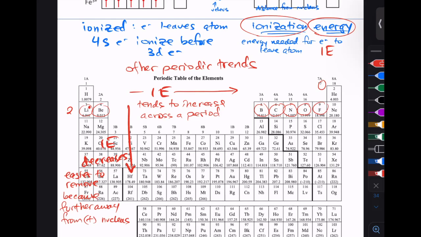There's another trend that you tend to learn about at this stage of general chemistry that we'll talk about today as well, and that's the overall size of the atom, what we call the atomic radius or size. So I'm going to put that over here in green, okay?